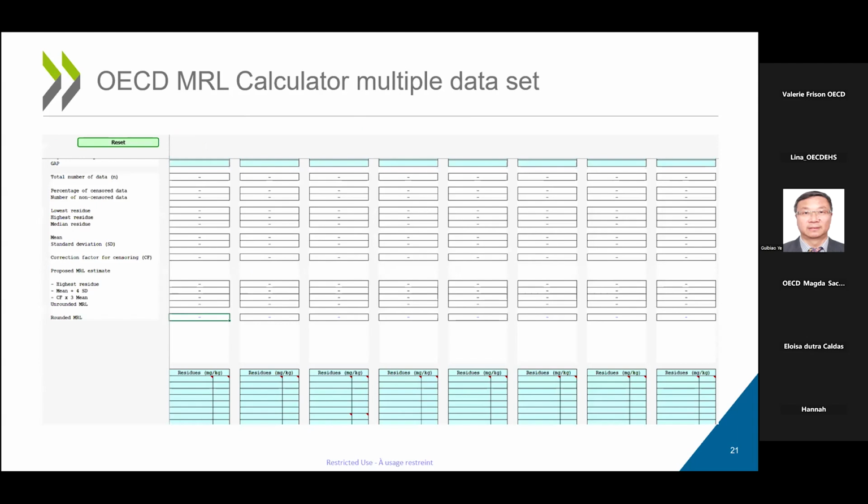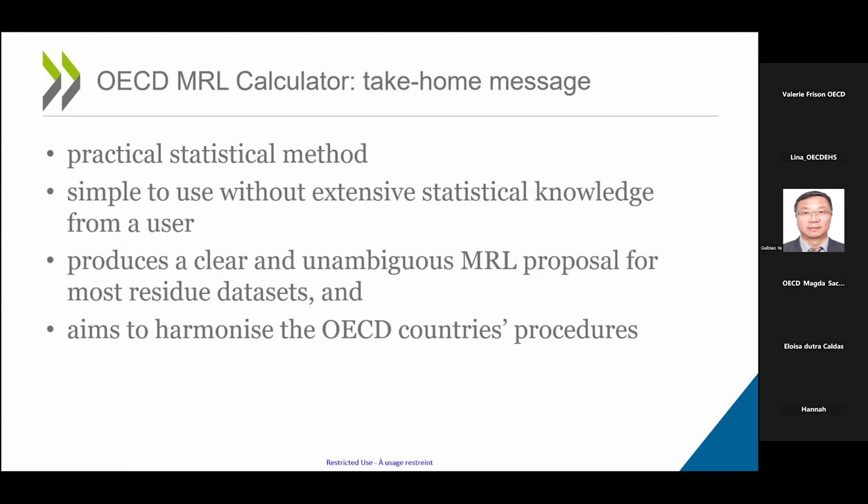The spreadsheet on multiple data sets uses the same approach. So you input your data here in the blue area below, where the calculations appear in the top. It's the same logic, but here you have multiple data sets.